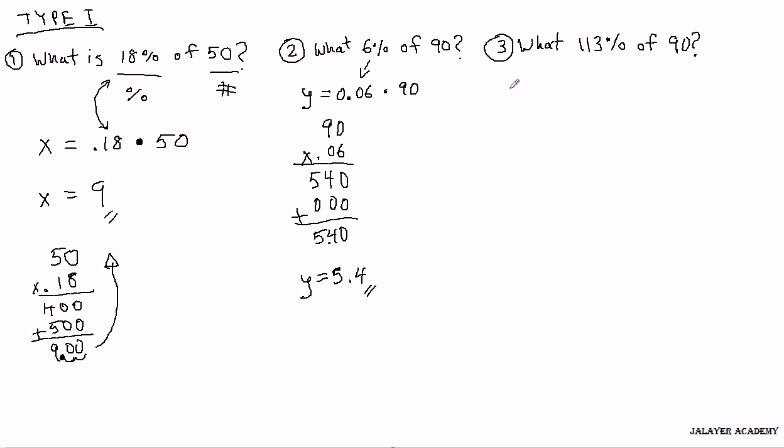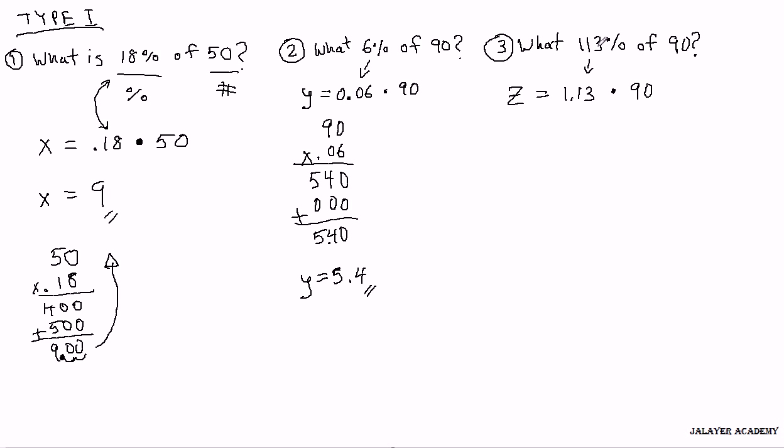So let's call this z. z equals, let's convert 113% to a decimal, 1.13. And if you're having problems converting these percentages to decimals, be sure to watch the video I've made on converting percentages to decimals. So 1.13 times 90.